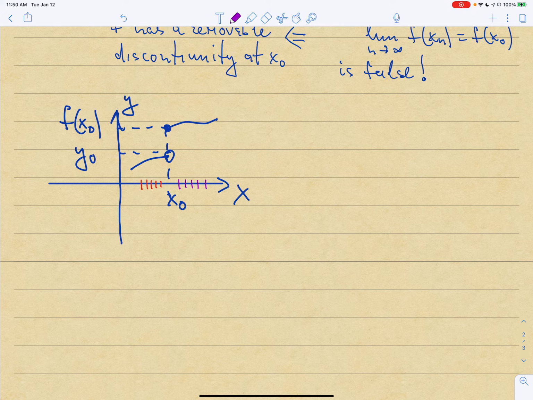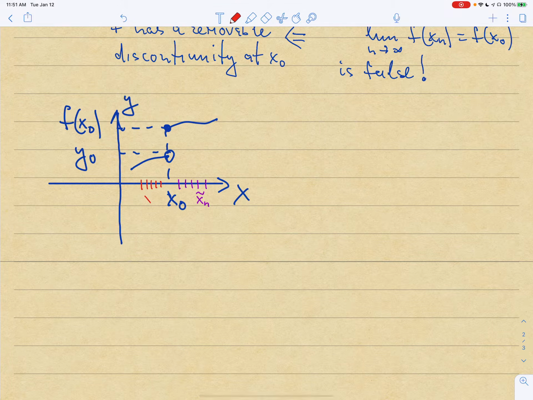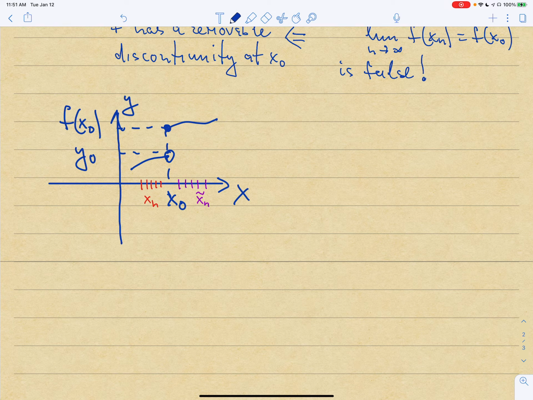For the purple sequence, let's call it xn tilde, and the red sequence just xn. Then if I take the limit as n goes to infinity of xn, I'm going to get x0, because that's clear from the picture.